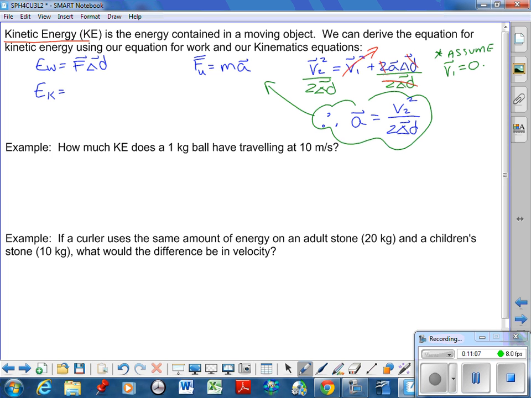which we take and plug into Newton's second law. And kinetic force, I guess you could call it, is m times v2 squared over 2 delta d. All right, so I just replaced a, and that's all I did there. Then we take this and substitute in our force, so it becomes m v2 squared over 2 delta d times delta d.